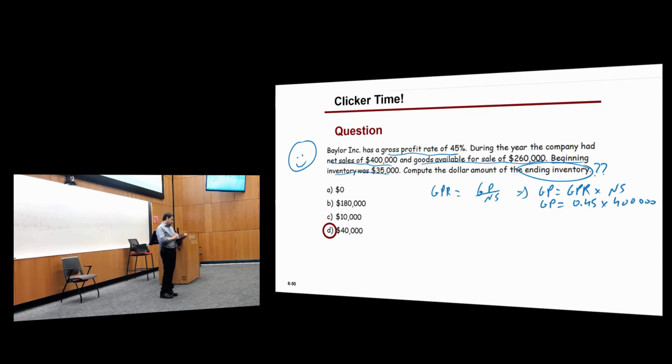Now, gross profit is equal to what? It's net sales minus cost of goods sold. So the cost of goods sold will be equal to net sales minus gross profit, right?